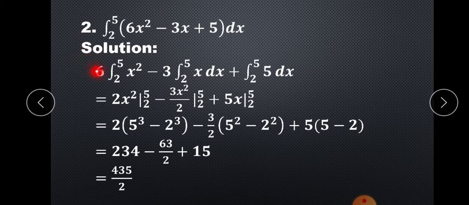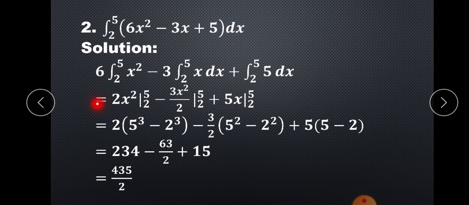So the solution: first, we split it into 6 times the definite integral from 2 to 5 of x squared, minus 3 times the definite integral from 2 to 5 of x dx, plus the definite integral from 2 to 5 of 5 dx.